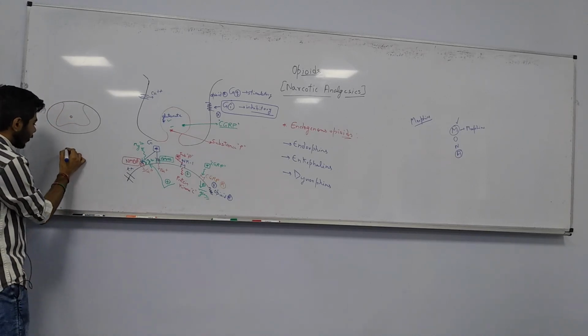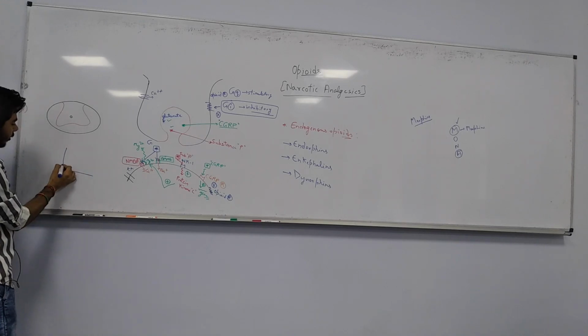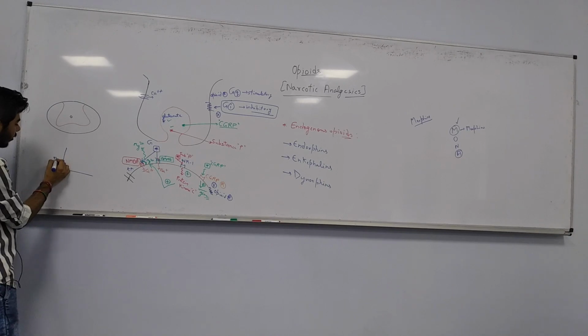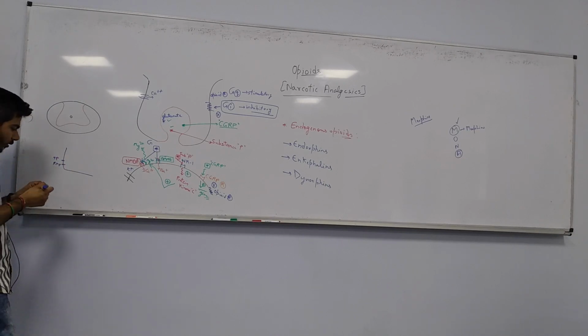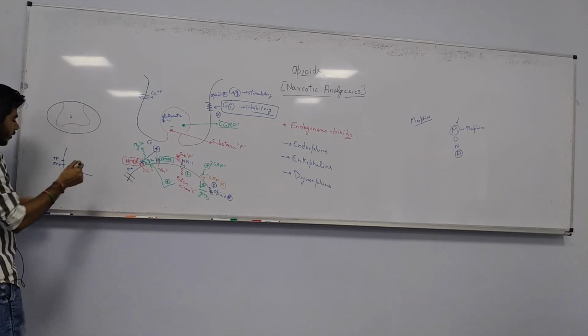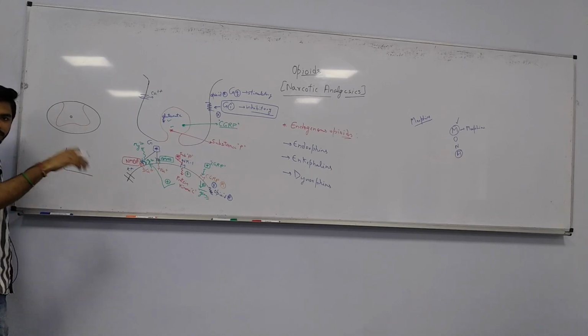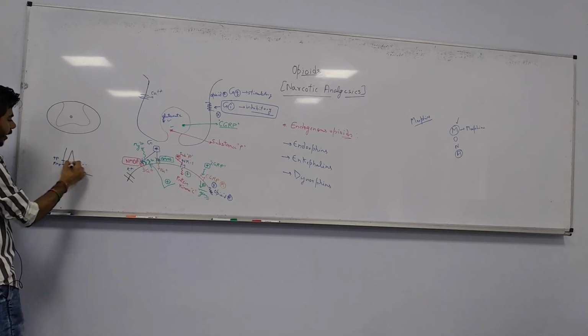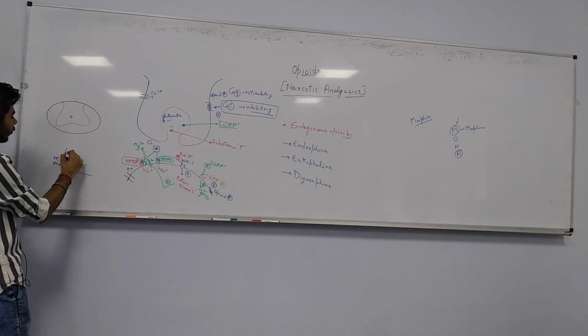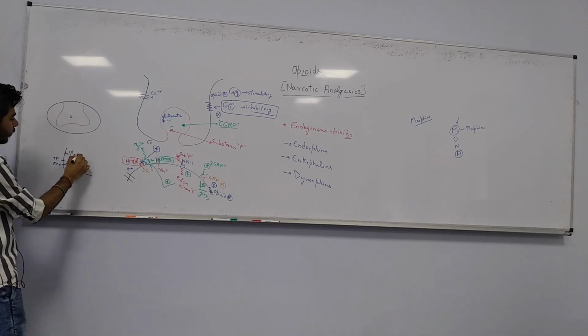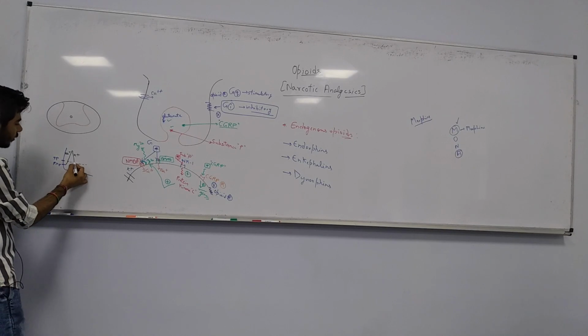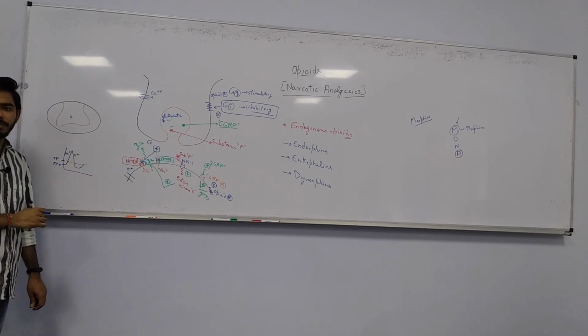If we talk about the action potential, let's say this is the resting membrane potential, and this is the threshold potential. You need to give the stimulus with the help of sodium ions, and then there will be the action potential. This happens due to sodium ions, and this happens due to potassium ions. Sometimes there is a hyperpolarization.